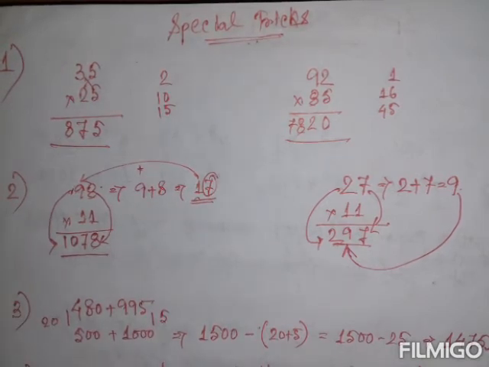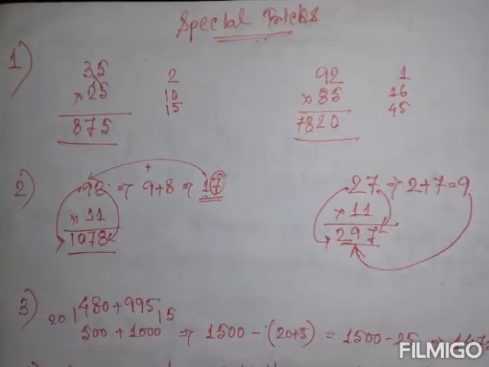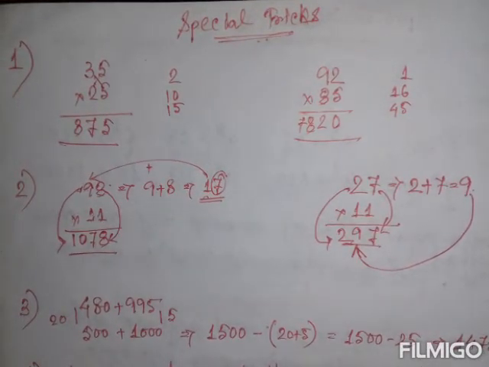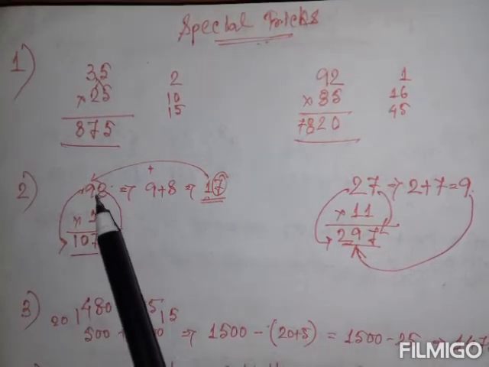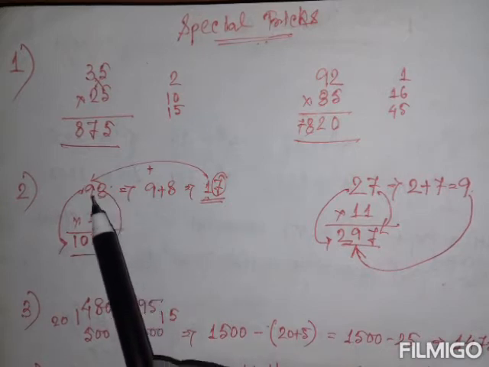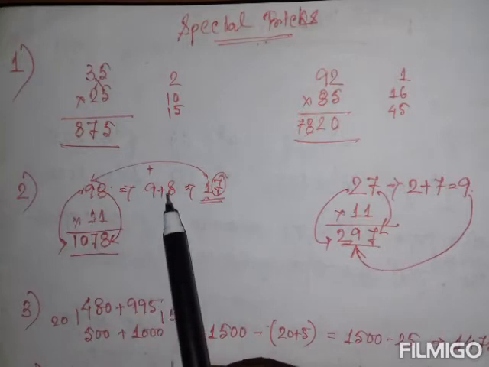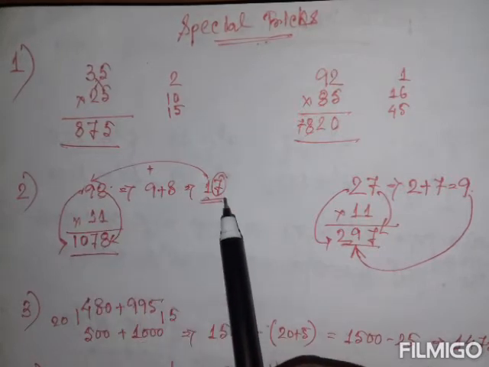Now number 2. Here is a very easy process when we multiply any two-digit number with 11. 98 into 11. At first the sum of 9 and 8 is equal to 17.